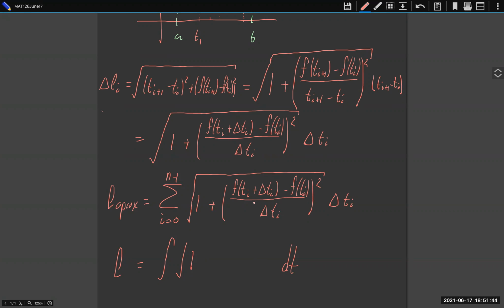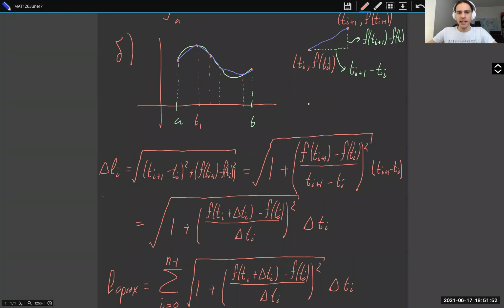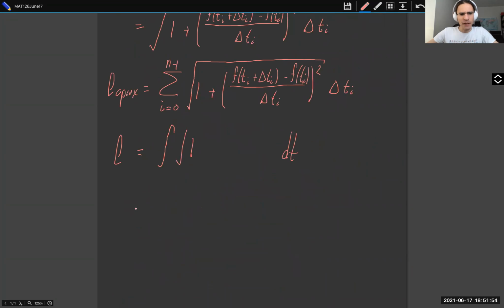Not exactly. Look at this expression: f of x plus h minus f of x, divided by h.